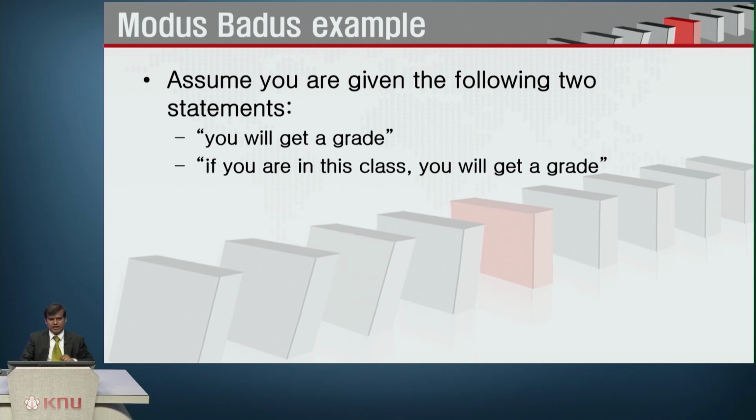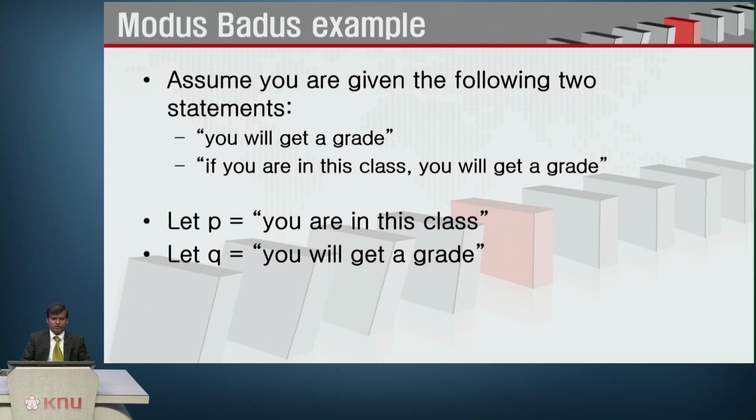That's another fallacy, called modus badus, where we say that confirming the conclusion does not really affirm the hypothesis. For example, if you are in the class, you will get a grade.